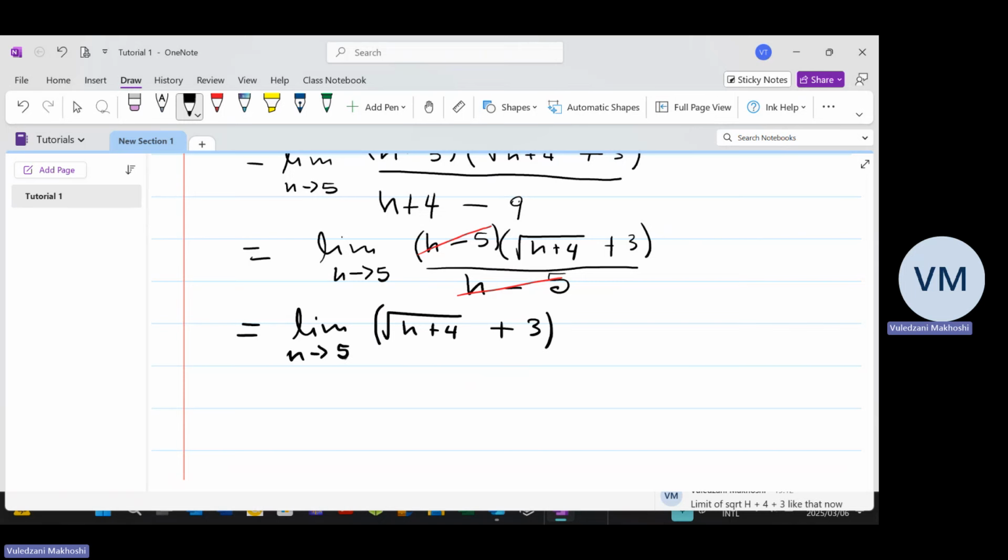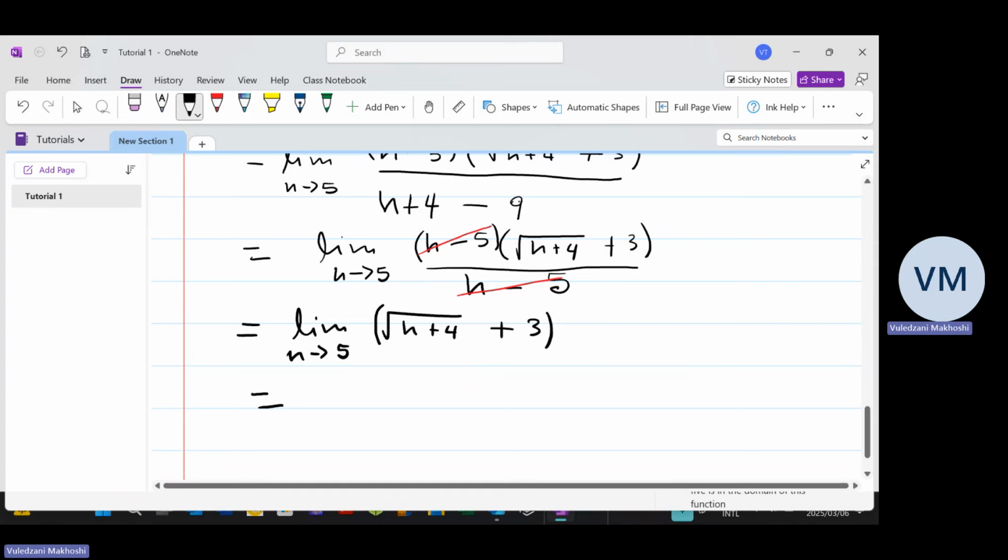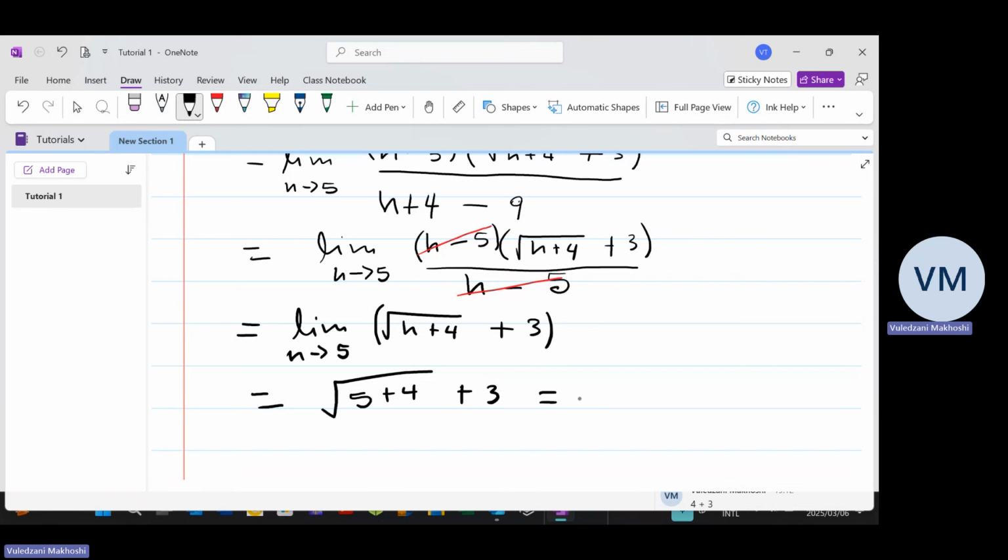Now, 5 is in the domain of this function. Therefore, we can write the square root of 5 plus 4 plus 3, which is square root of 9 plus 3, which is 3 plus 3, which is 6.